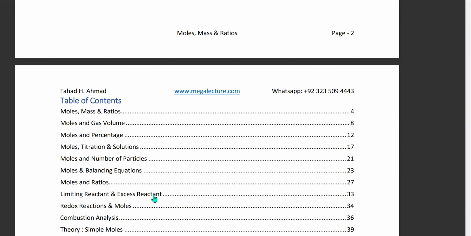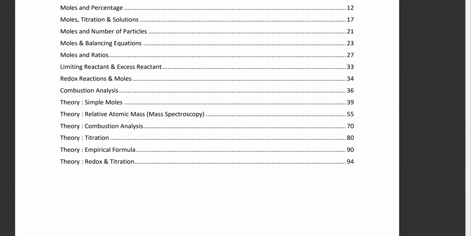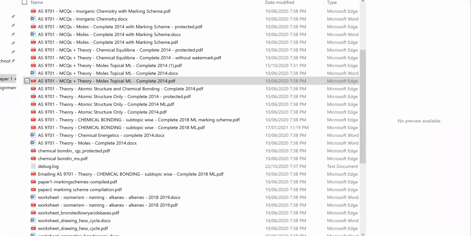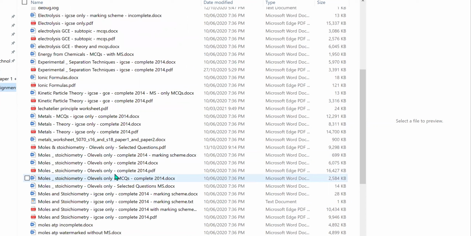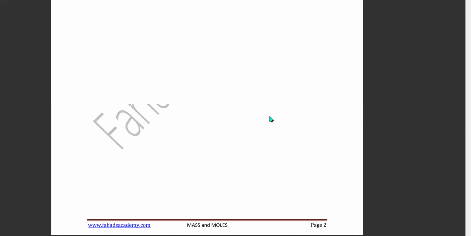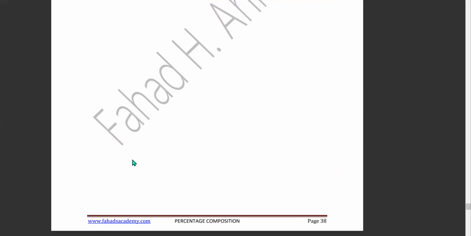I mean, there was one there, but let me just quickly open another one. Just a second. Moles, this one. Okay, let's just take a couple of questions from O levels. These were very easy. So empirical formula.